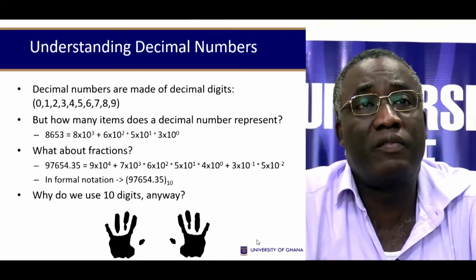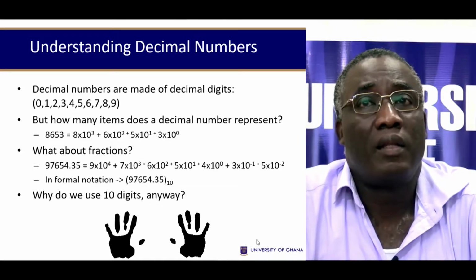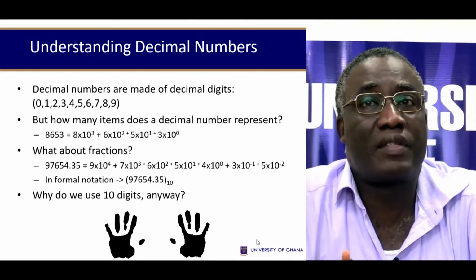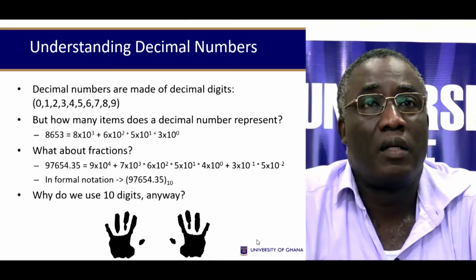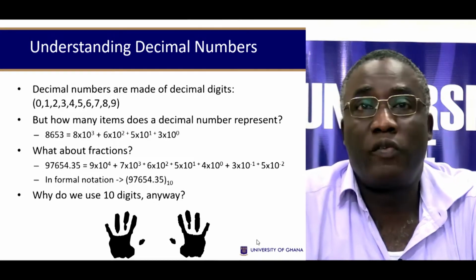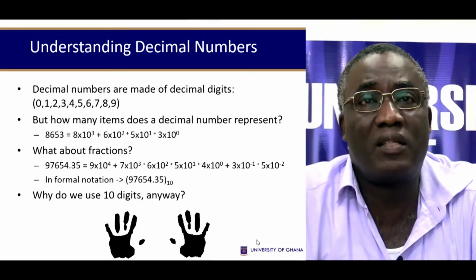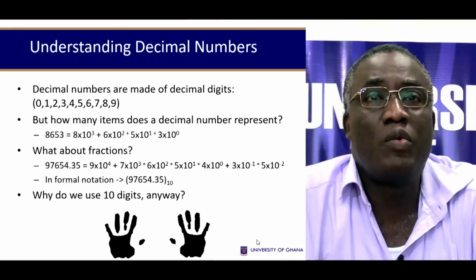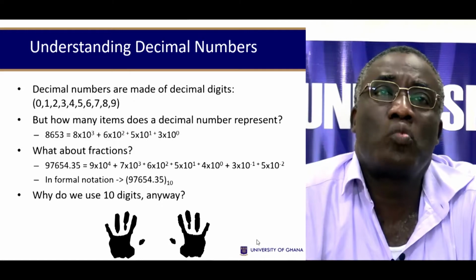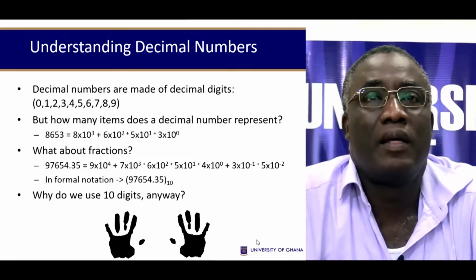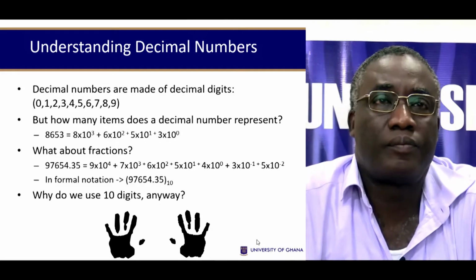The 0.35 means there are 3 tenths and then 5 hundredths, right? This number formally will be represented by writing a subscript 10 to the number. But because we are used to the decimal number system, we normally omit the subscript of 10.